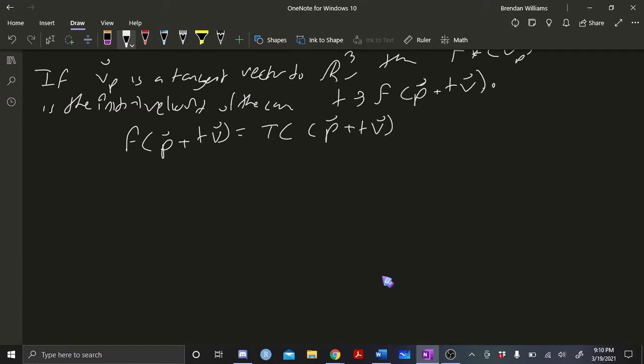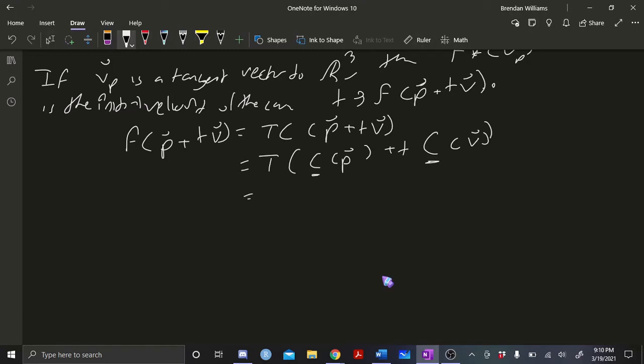And the next step is by linearity: t of C of p plus t C of v. Okay, so this is a C and this is a C, because I know it's going to be confusing just looking at that.